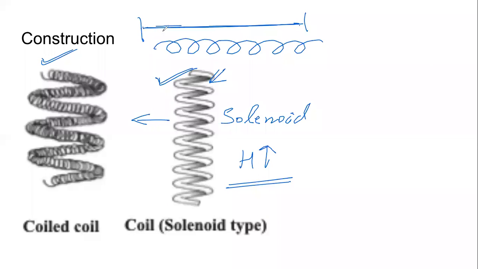But if we bend the wire, if we coil the wire, now see how much metal we are able to pack in the same space. If more conductor fits, if more material fits, then the heat will also be more. Simple design, no rocket science, on how we will produce the maximum heat in the minimum space. Coil and coiled coil, solenoid and coiled coil.